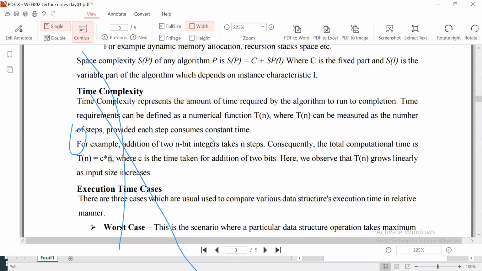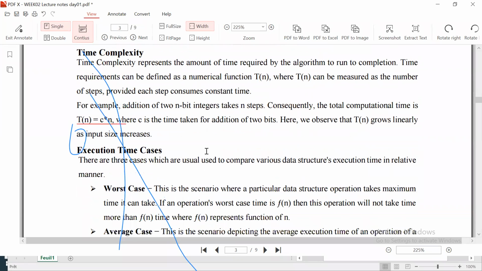If your algorithm is made up of n instructions and the processor takes maybe c seconds or c milliseconds to execute one instruction, you are going to assume that the time complexity of your algorithm is going to be c, which is the amount of time needed to execute a single instruction, times the number of instructions that you have in the algorithm. So that is in an ideal case.